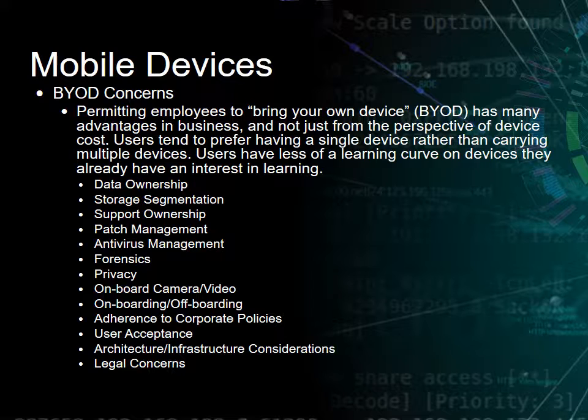What if the person sent something inappropriate in a text message or whatever, and they're using that phone for both personal and business use? Are you going to be held liable for it? And then there's plenty of other examples of legal concerns, and that's just the tip of the iceberg. So there's a lot of good that bring your own device can do, and there's a lot of problems that bring your own device can also produce.